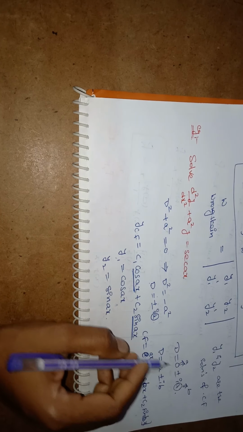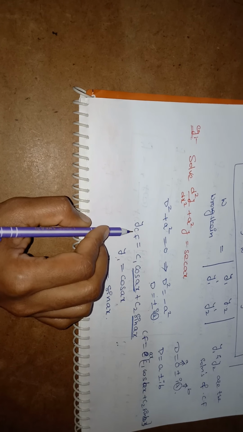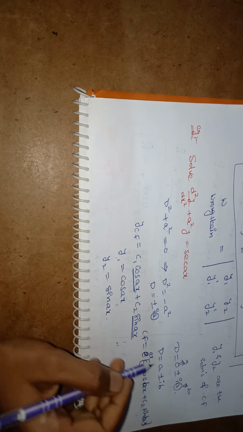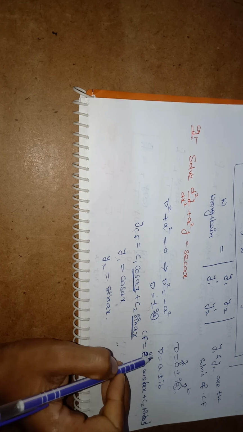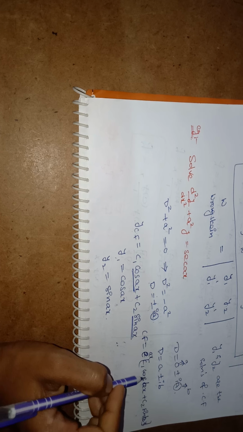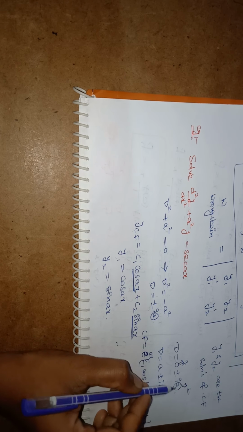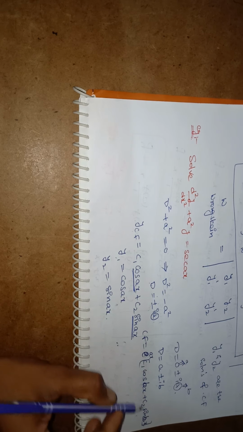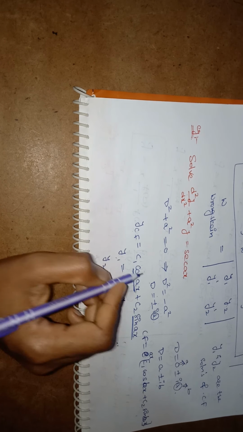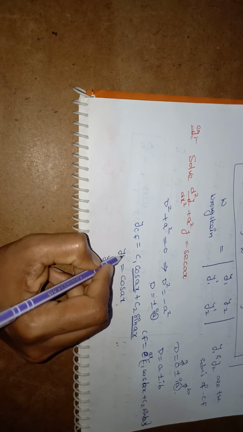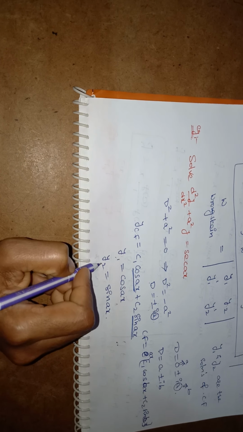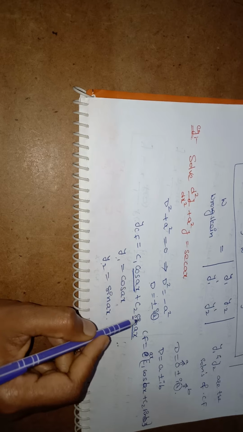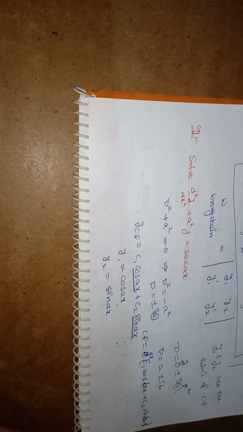Now from this we can write the complementary function is equal to e power ax, where a is 0, e power 0 is 1, into c1 cos ax plus c2 sin ax. So from here you can find y1 and y2, the solutions of the complementary function: y1 is equal to cos ax and y2 is equal to sin ax.